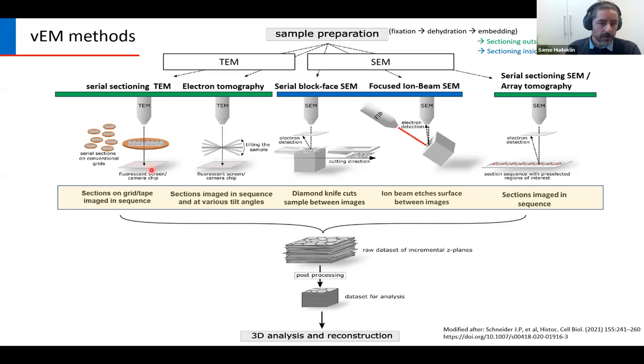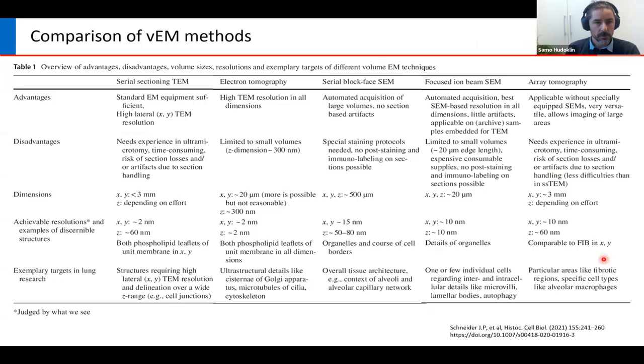Which of the methods you should use is very much based on the questions that you have. There are many papers describing those methods, and they all have some advantages or disadvantages.